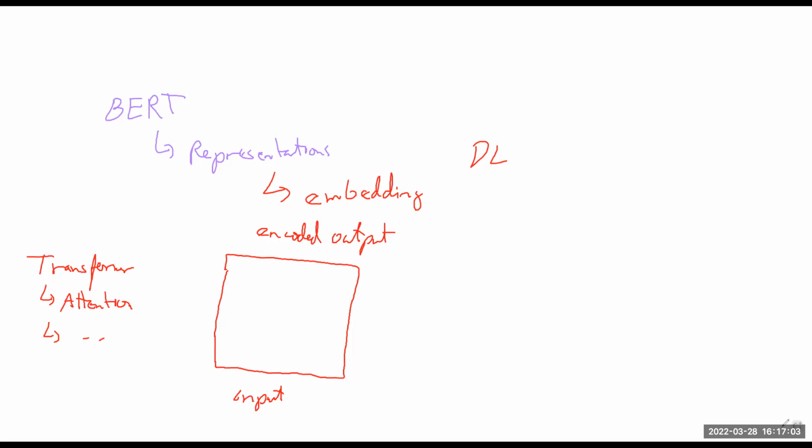Let's go ahead and talk a little bit about the architecture of BERT. Whenever you're talking about transformers, there's going to be BERT base and then BERT large, and this applies to ALBERT and RoBERTa and all those.